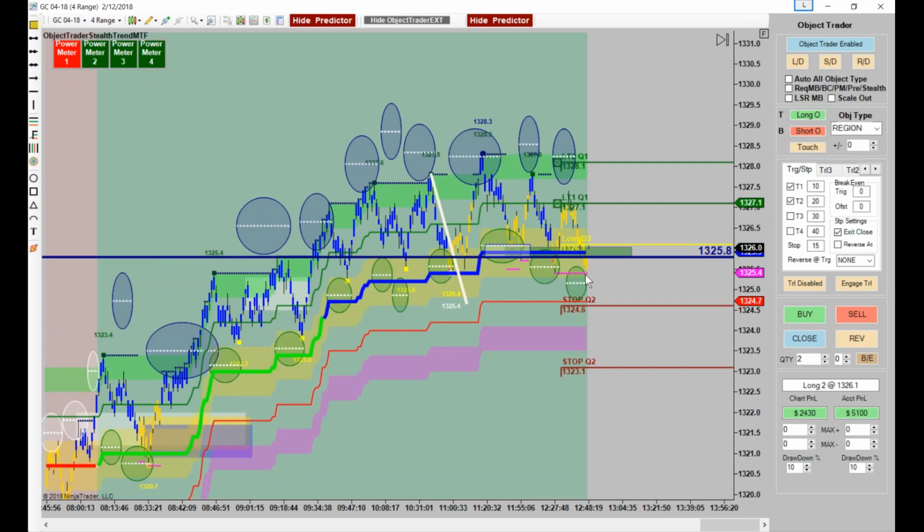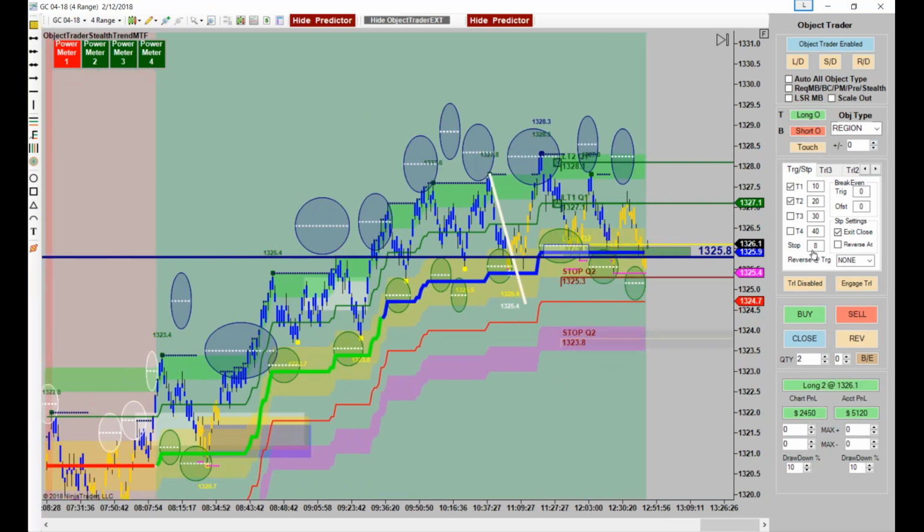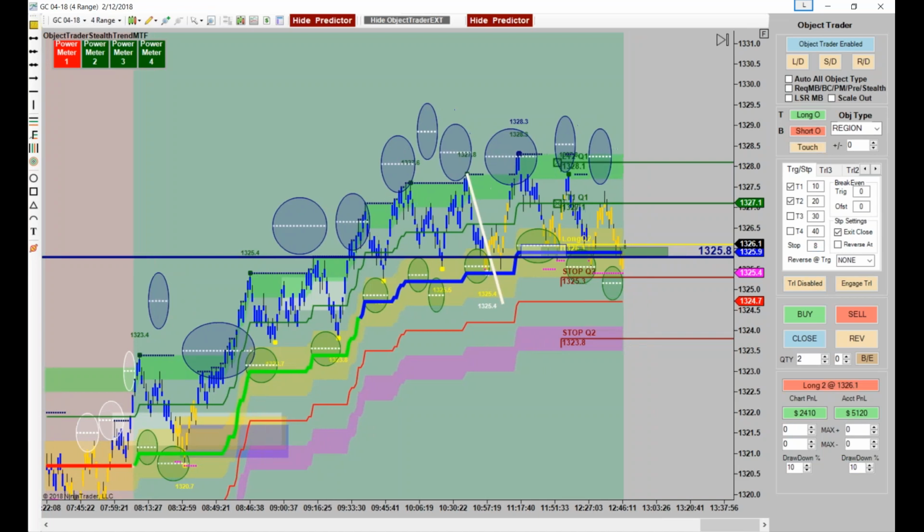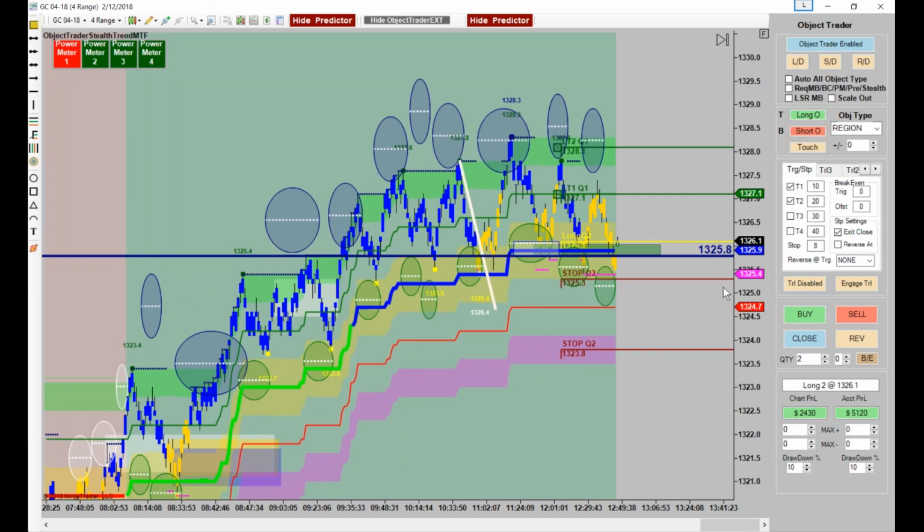See that predictor right there? Came down to it. Now, I do like it when it does an ABC like that, but you still got to be careful with those, and I put a nice tight stop on it too. You're only risking 8 ticks on that one. And 8 ticks times 2 contracts is, no, it's 160 on gold.